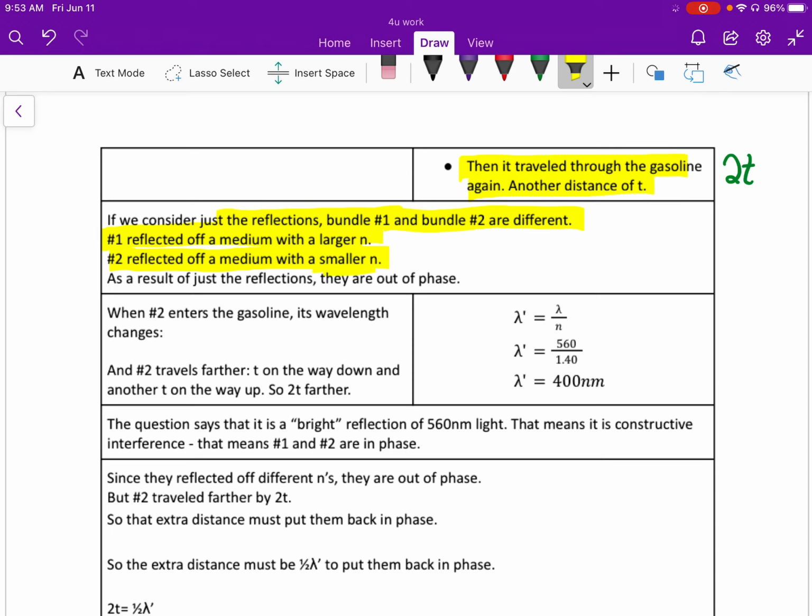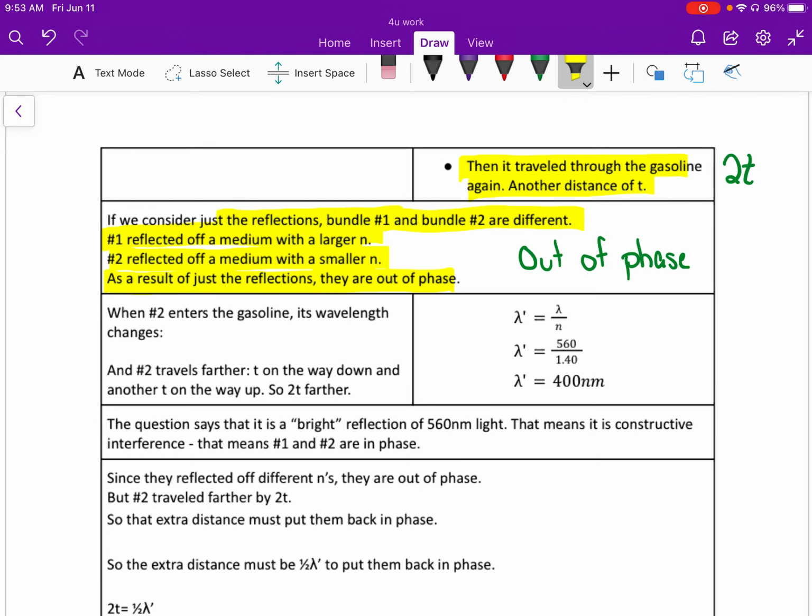Reflecting off a smaller n, that's kind of like hitting a loose end. Bottom line is they did different things. Since they did different things, they're going to be out of phase if we just thought about the reflections. So far, with the ends in the order that they are, if we consider just the reflections, the two bundles are out of phase with each other.